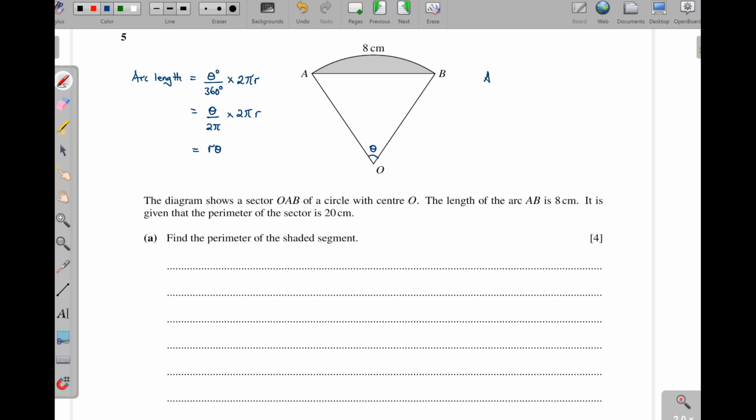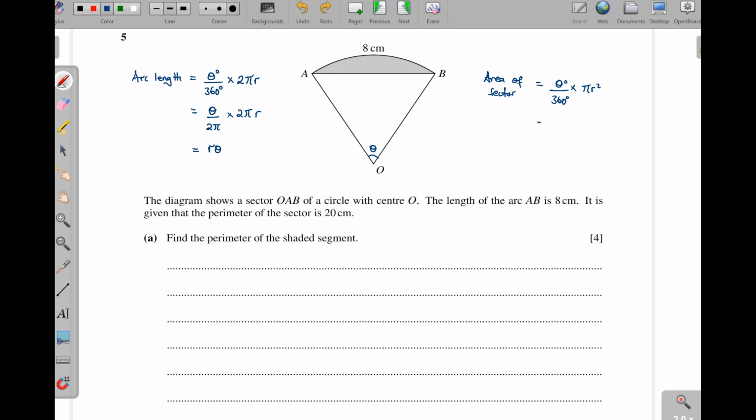Then area of the sector, because these are the most important formulae that we can have here. So area of sector: a sector is a portion of the circle, so it is theta out of 360 degrees, then times pi r squared. Okay, it's a portion of the circle, so the circle is all of that, but then it has taken only this portion out of the whole circle, you see.